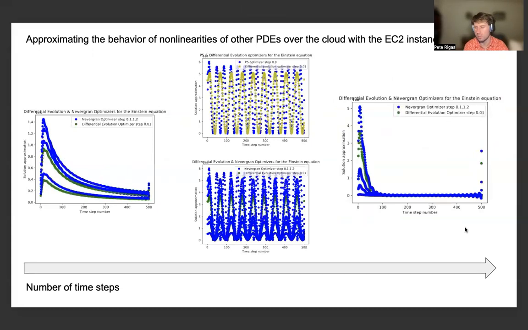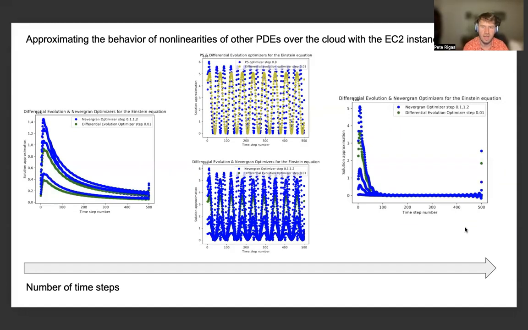But the use of the AWS EC2 instance in this case doesn't just stop here. We can also look at the Einstein equations, which is a very well-known system of partial differential equations, which can also be used to predict and numerically quantify the effects of gravitational pull and different tidal forces in various space-time geometries, given different forms of the energy stress tensor, which Einstein denoted as T mu nu in his equations.